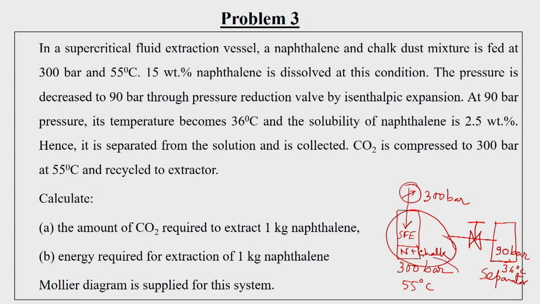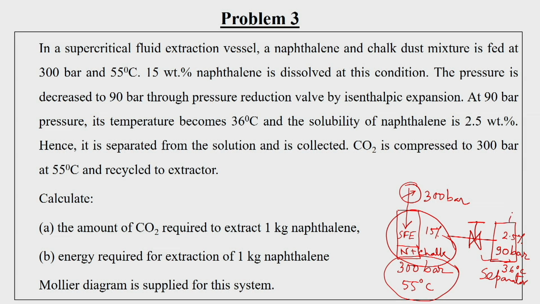Whenever it is at high temperature and pressure, the solubility is 15%, but here it is only 2.5%. At 90 bar and 36 degrees Celsius the solubility of naphthalene is 2.5%, so it will be separated from the solution and collected as a precipitate.